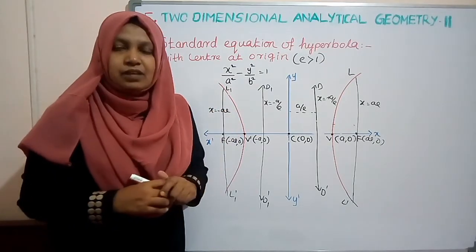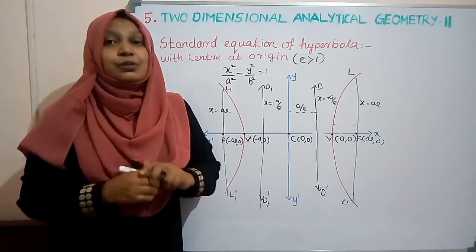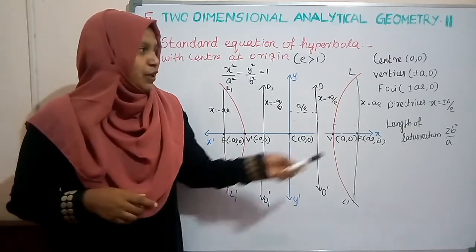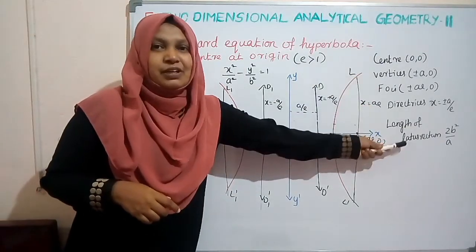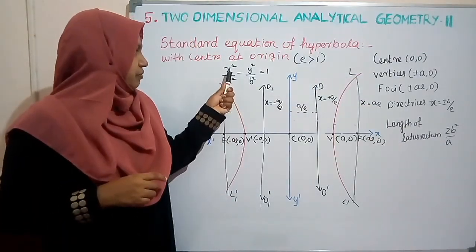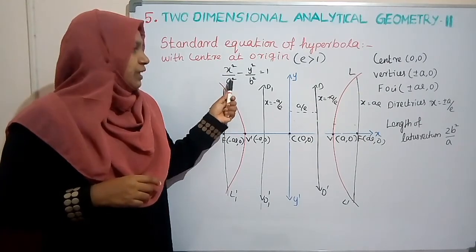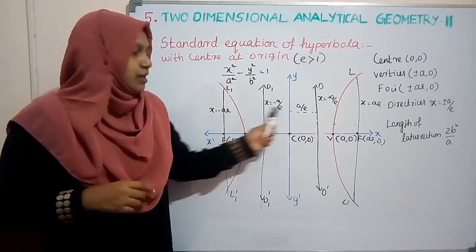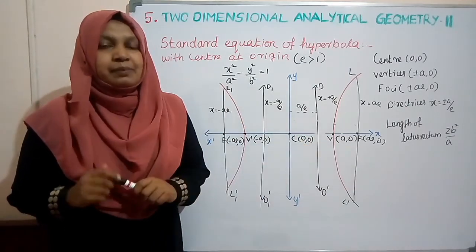And the length of the latus rectum is also 2b square by a. So now it is easy to learn by heart because we already learned the same thing for ellipse. But the equation is different. It is x square by a square minus y square by b square. So this is our hyperbola of type 1.